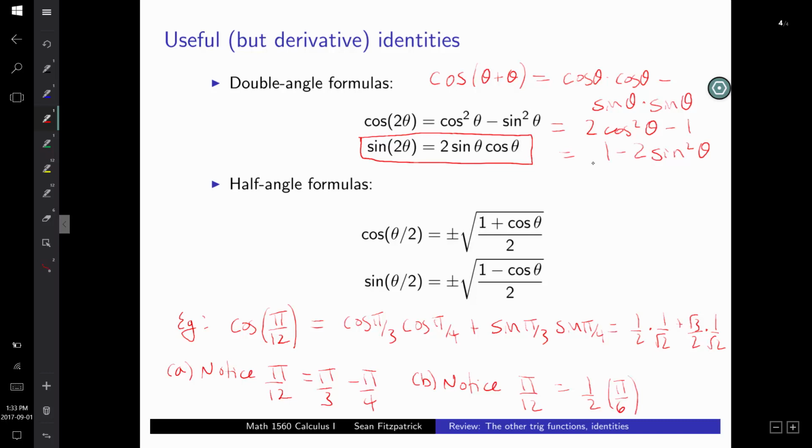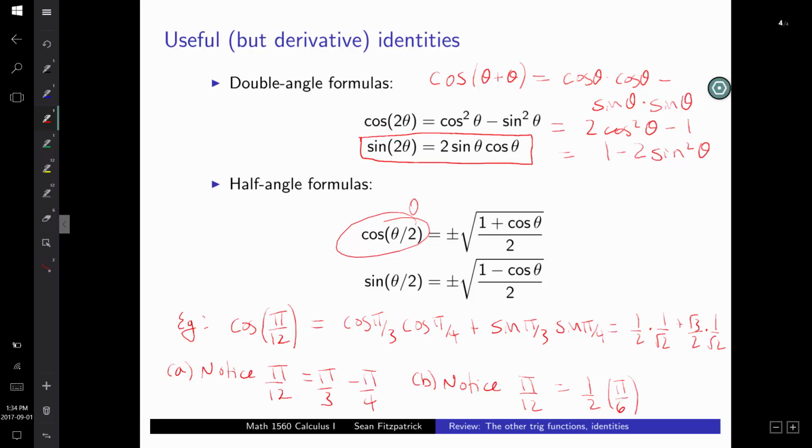You could also use this half angle formula with theta equal to pi over 6, and that would give you another way of working out a value for cos of pi over 12. What's interesting is you'll get two completely different looking expressions for cosine of pi over 12, but feel free to verify in a calculator that this number here is exactly the same as what you would get.